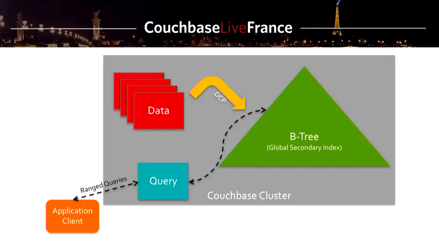If we do want to query using a ranged query, then we go to the query service, which will consult these secondary indexes. And because these are B trees, we have logarithmic time in terms of retrieving data from the indexes. So there's a trade-off there. We have more flexibility. We can do the range scans, but we're trading off the time complexity.